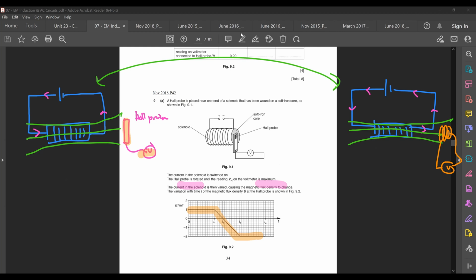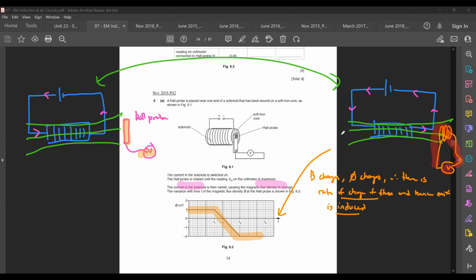Since your flux density changes, you can also say that your flux changes. Therefore, there is a rate of change of flux and hence EMF is induced. Your voltmeter in the other coil is meant to measure that induced EMF.